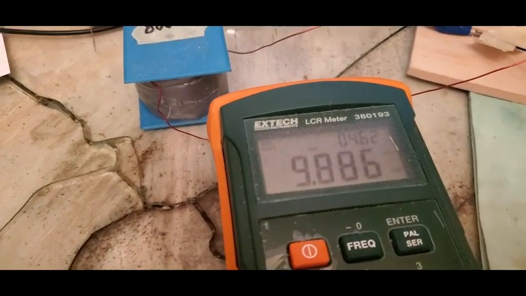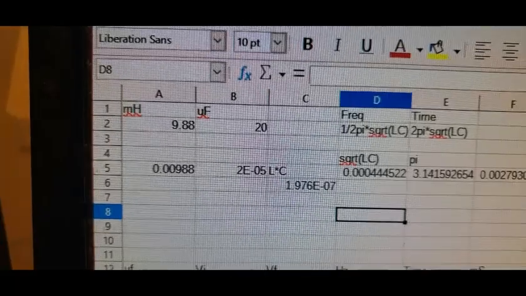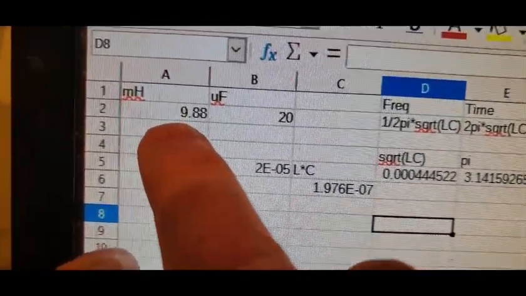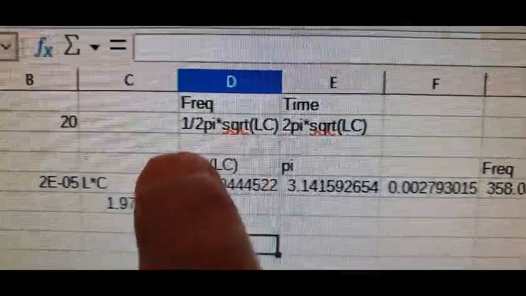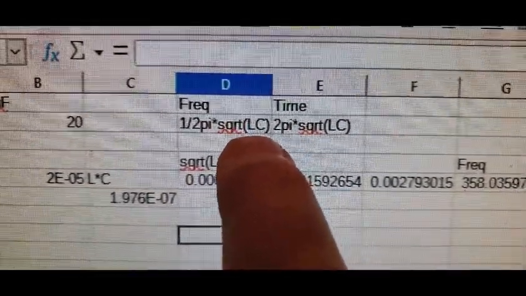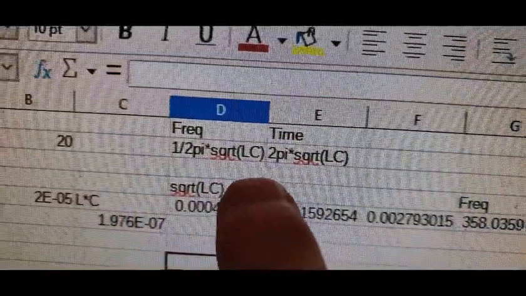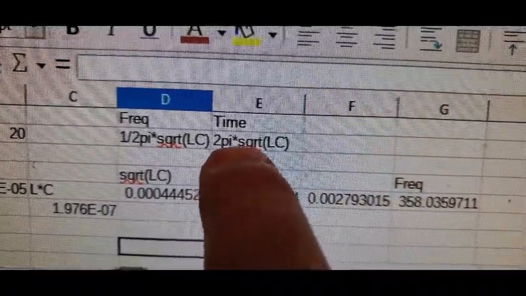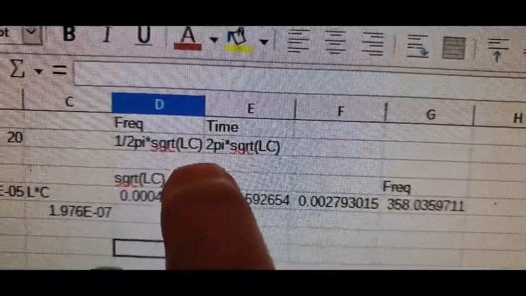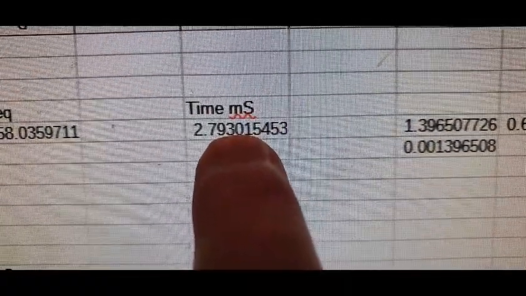So let's jot that down. So we put that in a spreadsheet. We got 9.88 millihenries, 20 uF. The frequency is 1 over 2 pi times the square root of LC. And so that gives us our resonant frequency, which is 358 hertz. And the time between wave crest to wave crest then is 2 pi times the square root of LC, which is that many milliseconds.